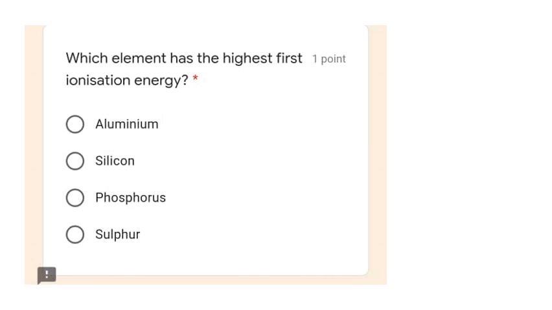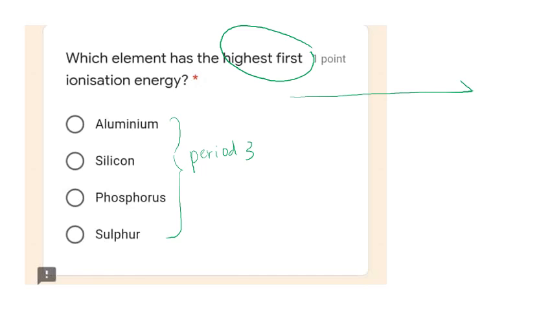Question number 10. Which element has the highest first IE? Basically we will notice all these elements are in period 3. So we have the idea that across a period IE is getting higher because the size is getting smaller. However, in this case, there are anomalous cases.